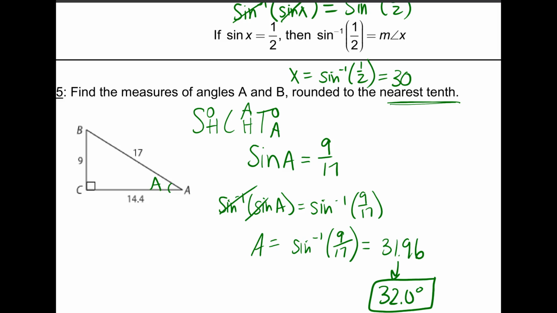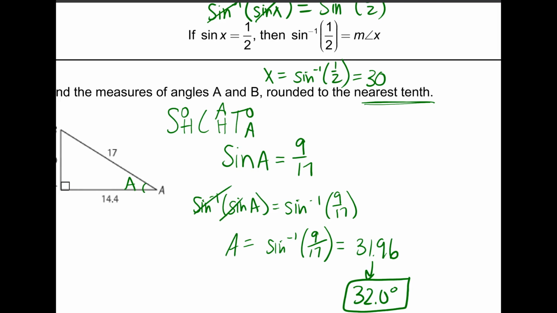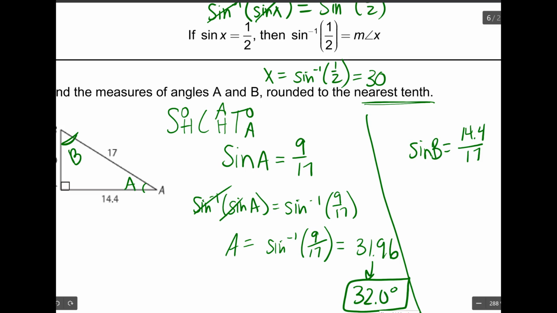We do need to find angle B. Well, like 10 more seconds. So if we go through and do sine of angle B, opposite, so 14.4 over 17. You see that angle B is going to be sine inverse of 14.4 over 17.